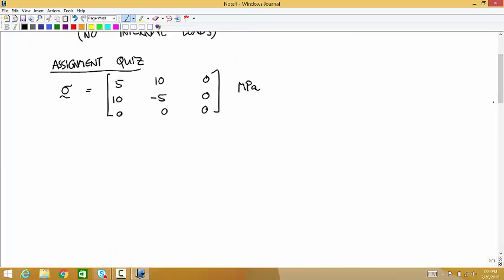All right, so the Voigt stress would be 5, negative 5, 0, and then 0, 0, positive 10 megapascals.